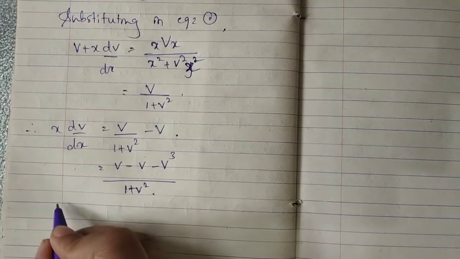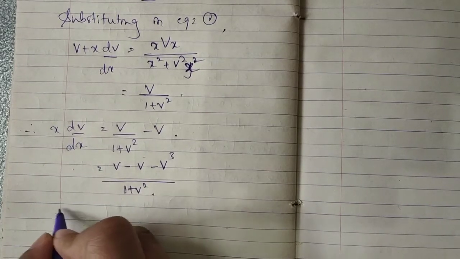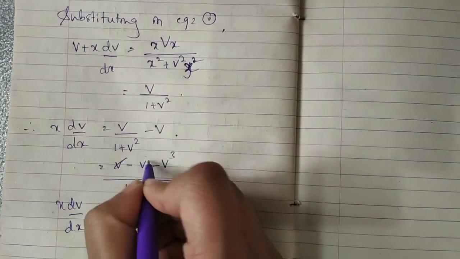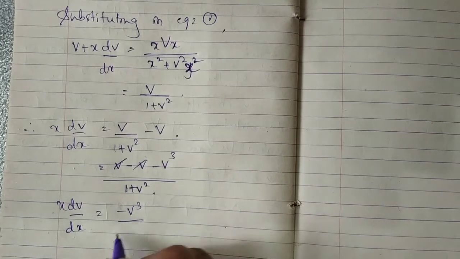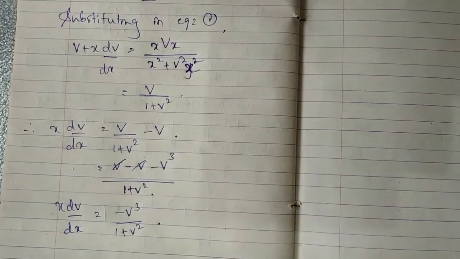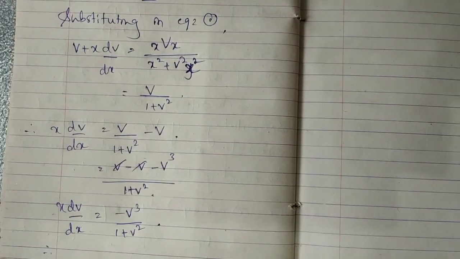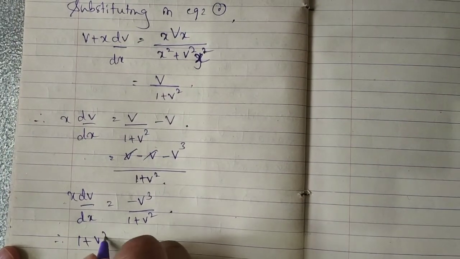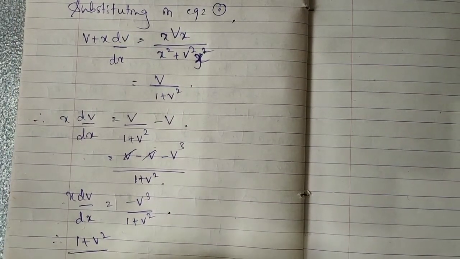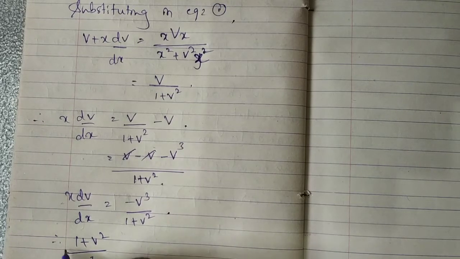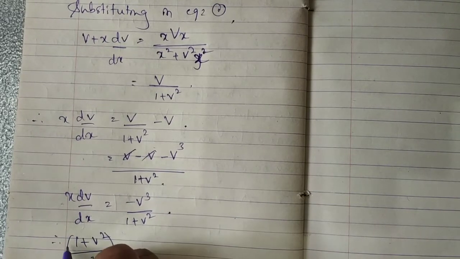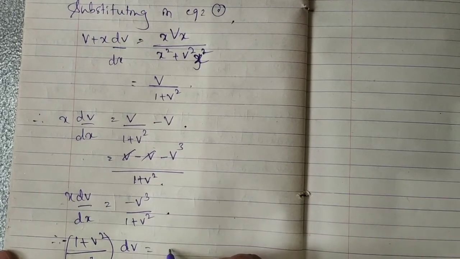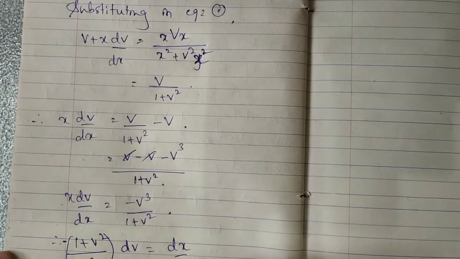Now x into dv by dx equal to minus v cube divided by 1 plus v square, which implies 1 plus v square divided by v cube with negative sign into dv equal to dx by x.